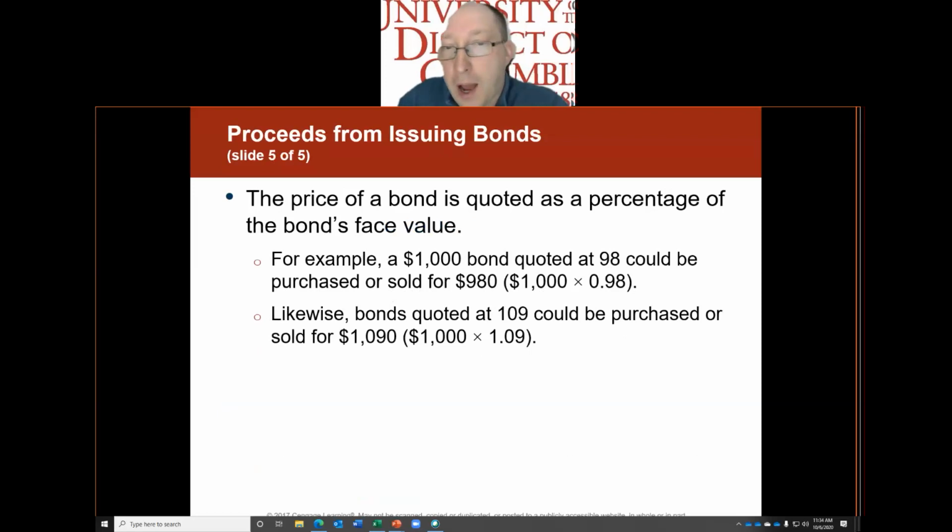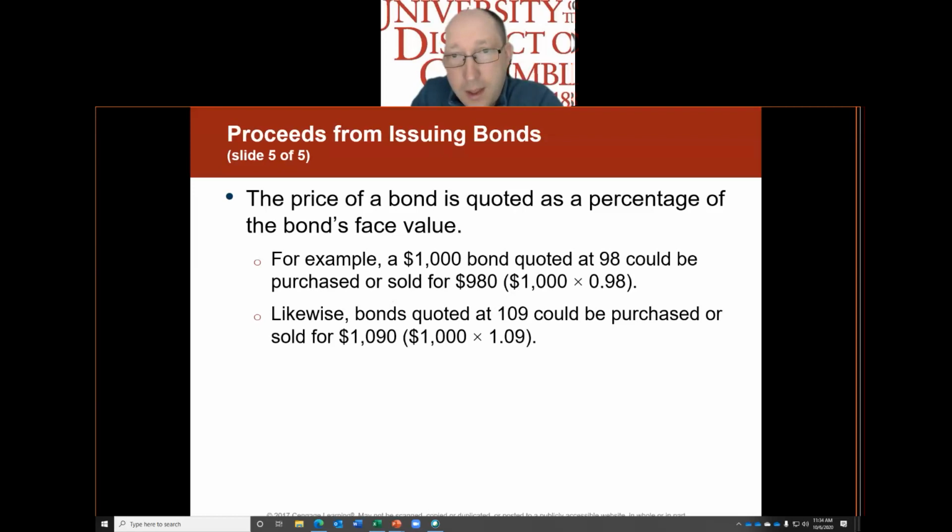Price of a bond is quoted as a percentage of the bond's face value. Okay, so what does that mean? Let's look at this example. Let's say we have a $1,000 bond quoted at 98. When you see a quote that says 98 or 109, that 98 is a percentage. It's 98%.